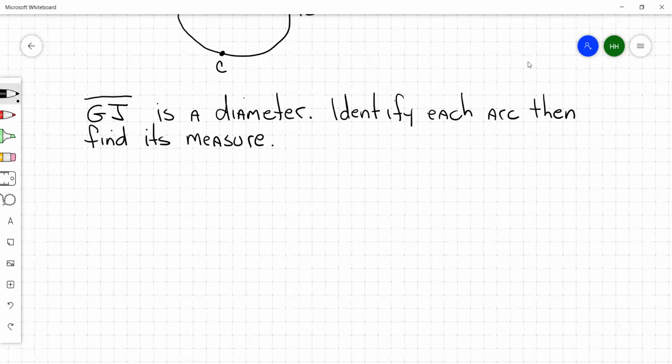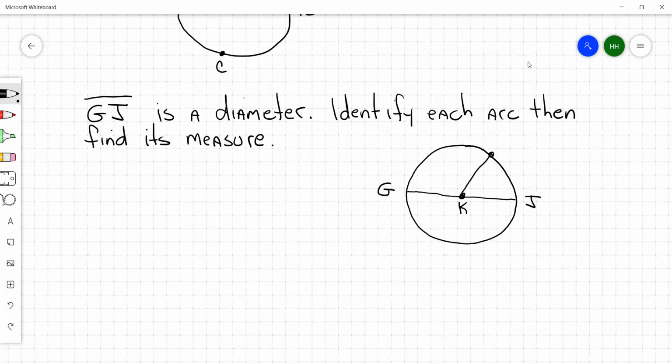So we've got a circle here. Here is our GJ. The center is at K, and this radius here is KH. And this angle GKH is 122 degrees.